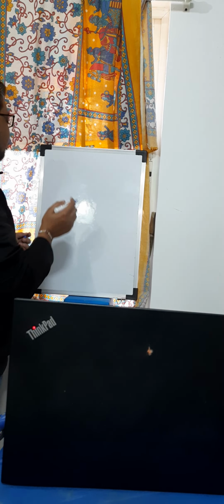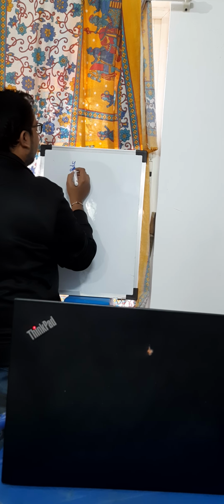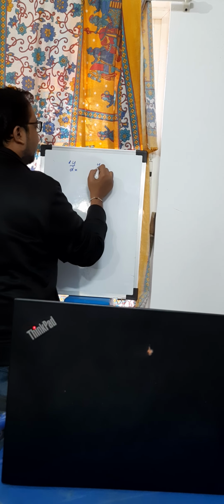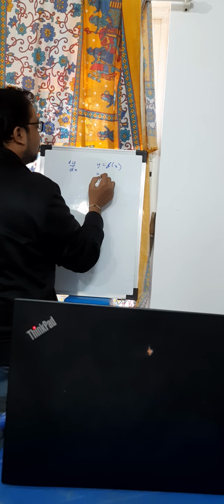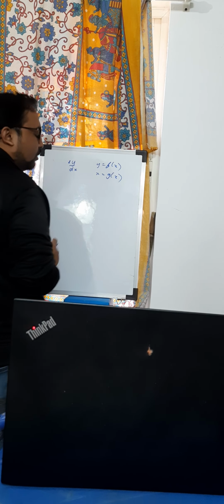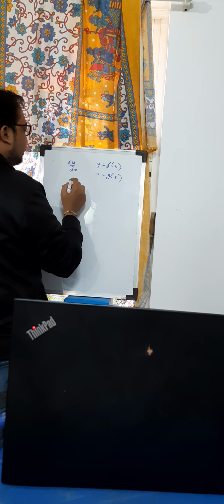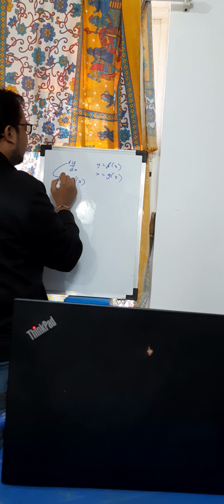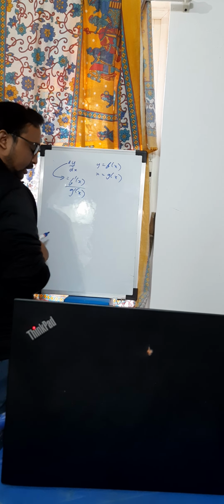It is as simple as this: they are asking us to find dy by dx, where y is also some f of x, and x is also some g of x. So how do we go ahead with this? It is just f dash of x upon g dash of x.